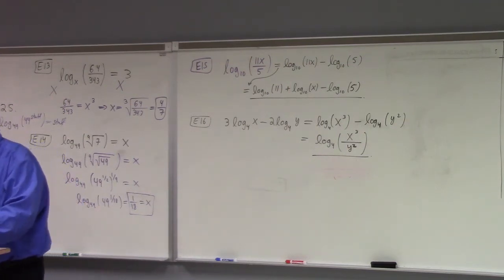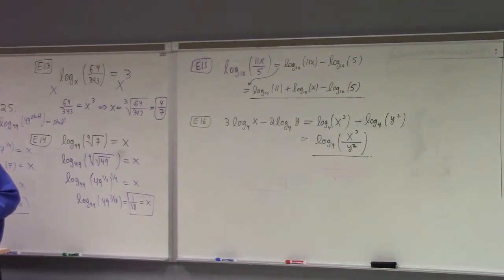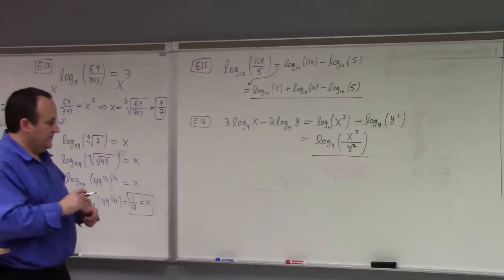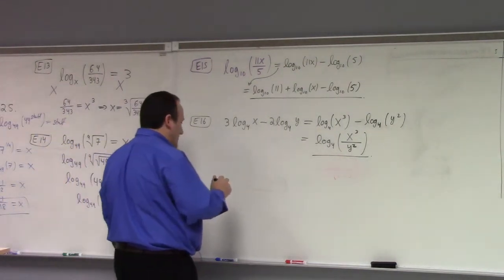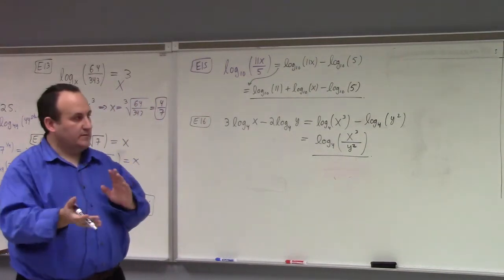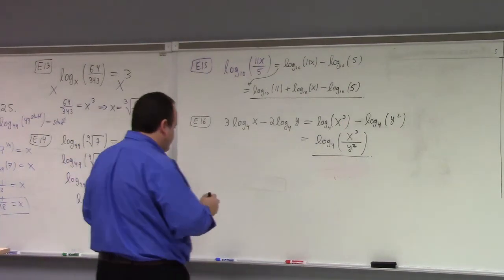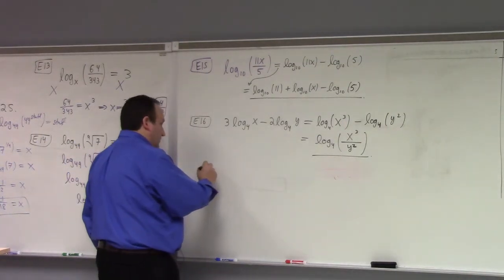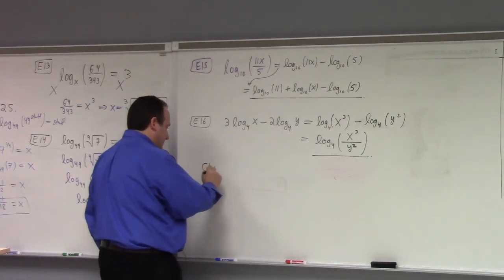The other thing I should talk about today that I have not yet talked about, we don't have a lot of time, unfortunately, is how to convert from one base to another. So, change a base, let's say.